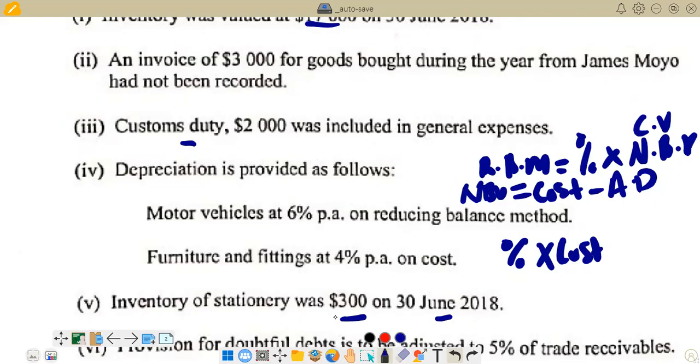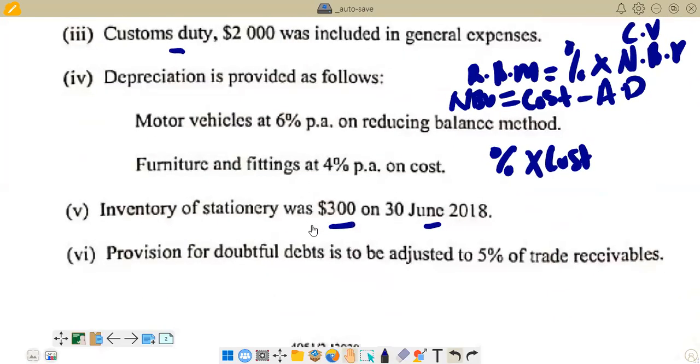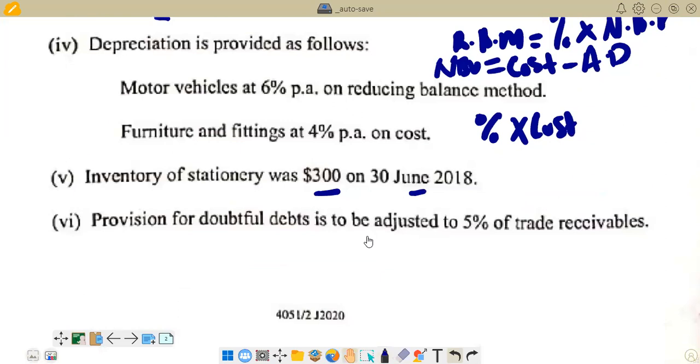Then we go to the next one, item 6. Provision for doubtful debts is to be adjusted to 5% of trade receivables. And we know trade receivables are the same as debtors. This statement is saying the rate is 5%.